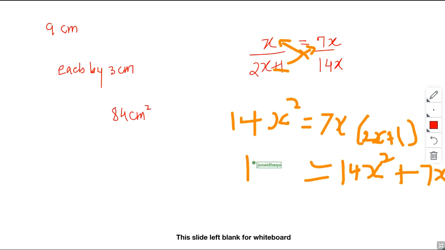Then divide this by 7 to get x equals 0. So what's your final answer? Does x equal 0? Yes, x equals 0. That's correct.